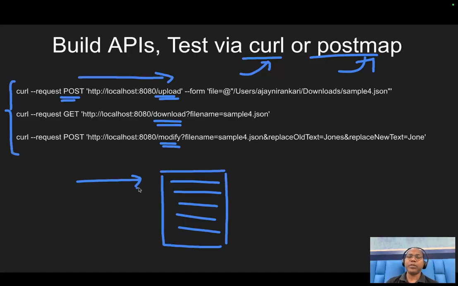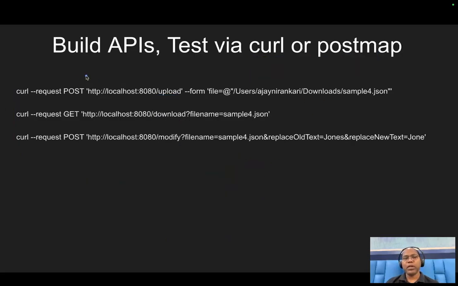So for that purpose, we are going to see how we write the API, and how we can test that API code via curl or Postman, or if you want any other tools for testing APIs, lots of tools are available, you can use any one of them.